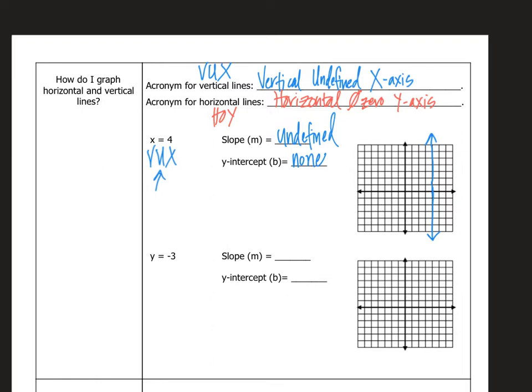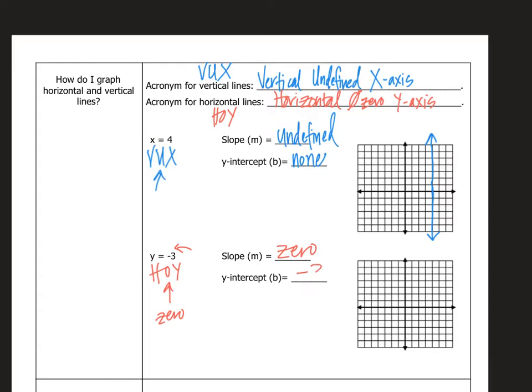So this one says y equals -3. So this is going to create a horizontal line. So we're going to use HOY. And our O in HOY is actually a 0. So we're going to have 0 slope. And then our y-intercept is going to be this number that is on the other side of the equal sign.